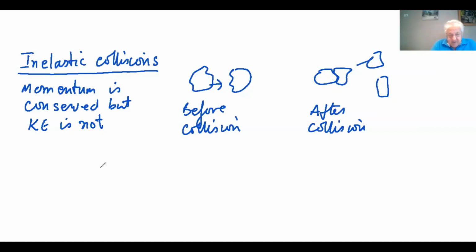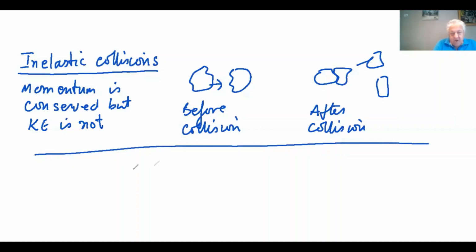Another example is when objects embed themselves, or when one object passes through another object. I'm thinking here of blocks of wood or concrete. Supposing you shoot a bullet through, say, a block of wood, concrete, whatever it is, it doesn't matter. Now the bullet, this is before collision.